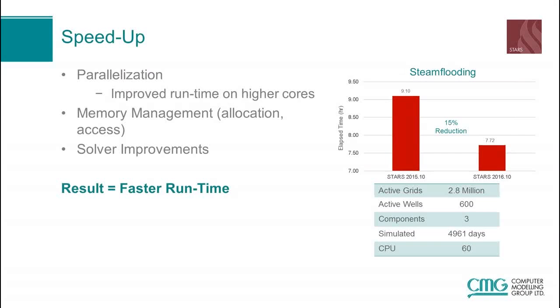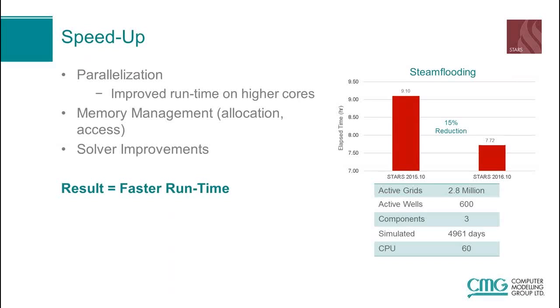As I mentioned previously, in the common code, we did some work in terms of speeding up. On the STAR side particularly, we did have some additional solver improvements, also some looks and improvements at how the memory management was done in terms of the allocation and access from the memory side, and then some additional improvements on how we had speed-ups for higher core counts.